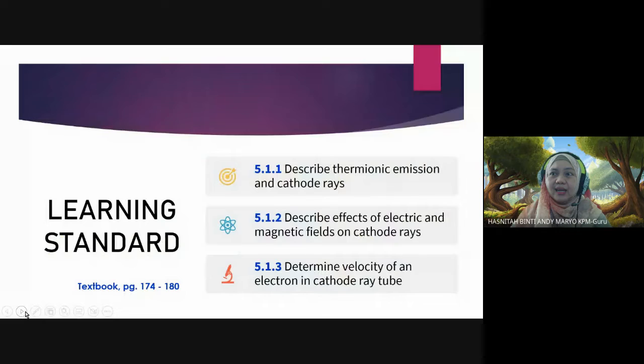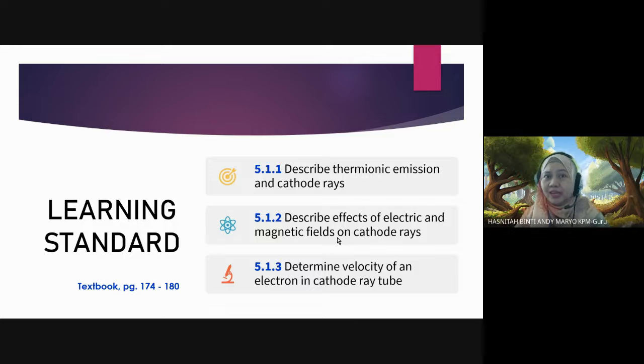So these are the three learning standards in 5.1. The first one, each and every one of you must know how to describe thermionic emission and cathode rays. What is thermionic emission? What are cathode rays? Second, to describe the effect of electric and magnetic fields on cathode rays. What happens to the cathode ray in an electric field?